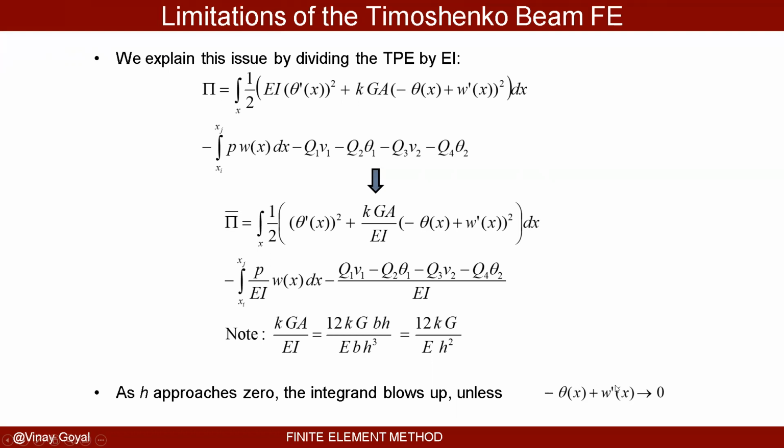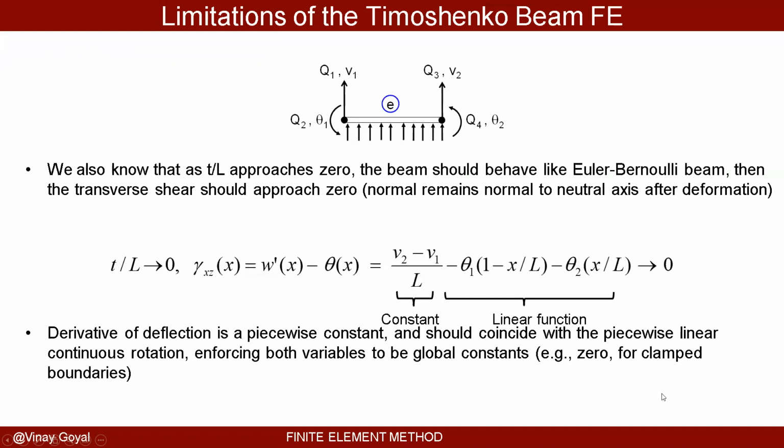And that's kind of causing some issues. And let's see what those issues are. I'll show you in a second. So as H goes to 0, because that's what you have for a thin beam, the thickness H, the only way that pi does not blow up is if this coefficient here goes to 0. That's the only way. So let's see what's going on.